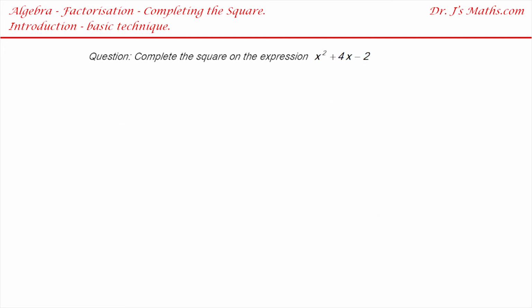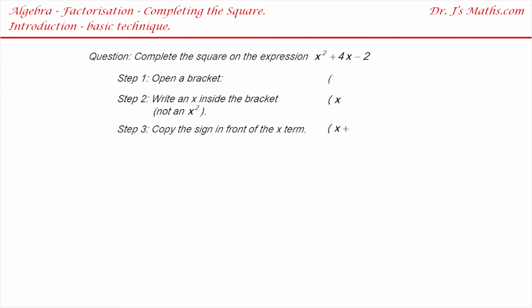Let's do another example. Complete the square on the expression x squared plus 4x minus 2. So step 1, open a bracket. Step 2, write an x inside the bracket, not an x squared. Step 3, copy the sign in front of the x term. Well, the x term was a plus 4, so we're going to put a plus sign. Halve the number in front of the x term, so half of 4 is 2. Write down the 2.